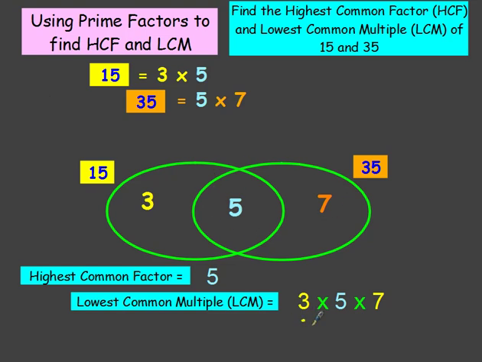So we can write 3 times 35, and we can also write that as 15 times 7, since we know that these two numbers multiplied together are 15. Now all three of those answers give us 105. 105 is the lowest common multiple of 15 and 35, and the highest common factor is 5.